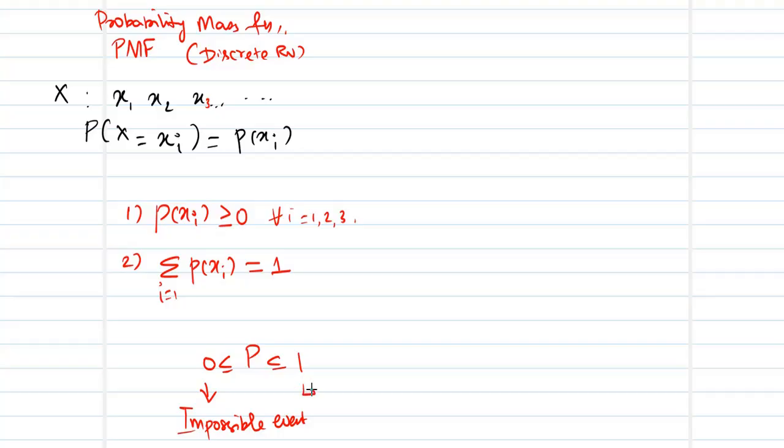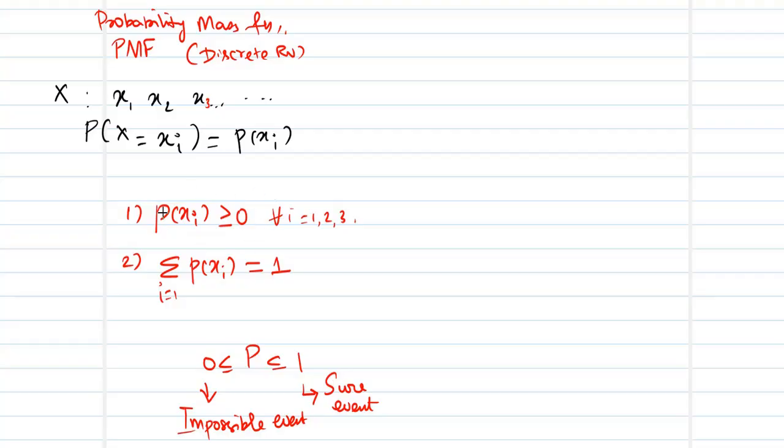And the probability is always 1 for a sure event. What do you mean by a sure event? With 100% accuracy, I am saying that this will happen. Then the probability will always be 1. When we add the total probabilities of all the data, the total probability must be equal to 1.